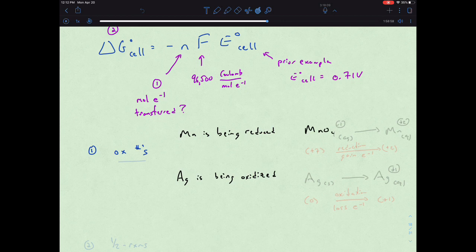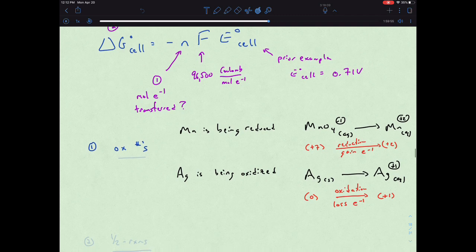And so that comes from those beginnings of the half reactions, where we're showing the manganese going from +7 to +2. And so there's our reduction or our gain of electrons. And the silver was being oxidized, right? So we've already done this, I'm sorry, just representing it again. So there's our oxidation going from 0 to +1, or our loss of electrons.